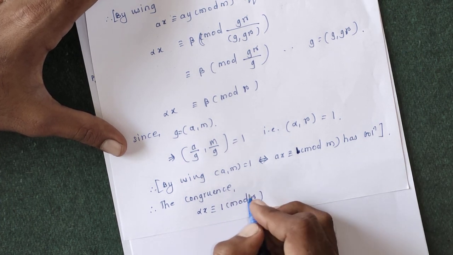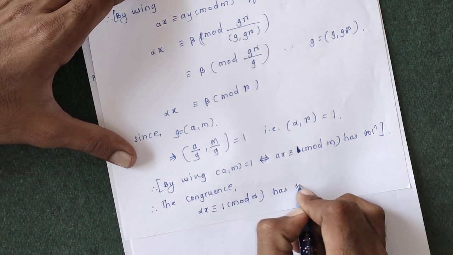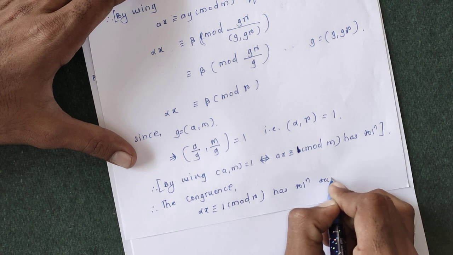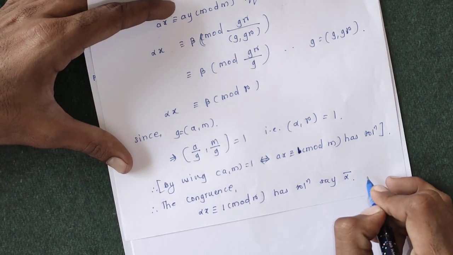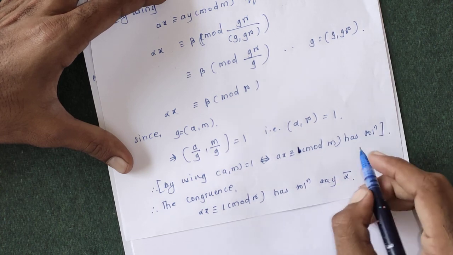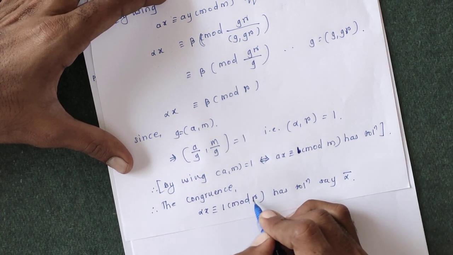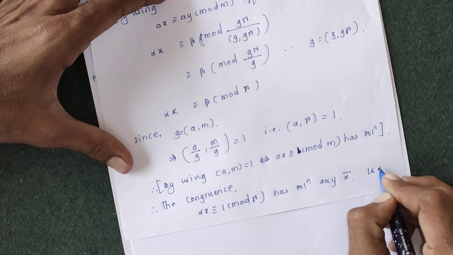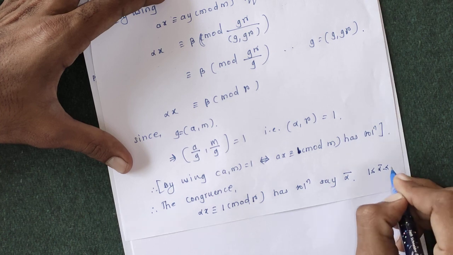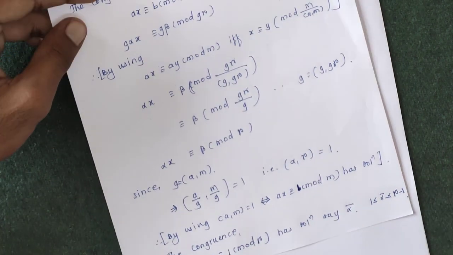The congruence alpha x is congruent to 1 mod gamma has a solution. Suppose that solution is alpha bar, and this alpha bar must belong to the CRS under modulo gamma, that is, alpha bar lies between 1 and gamma minus 1.